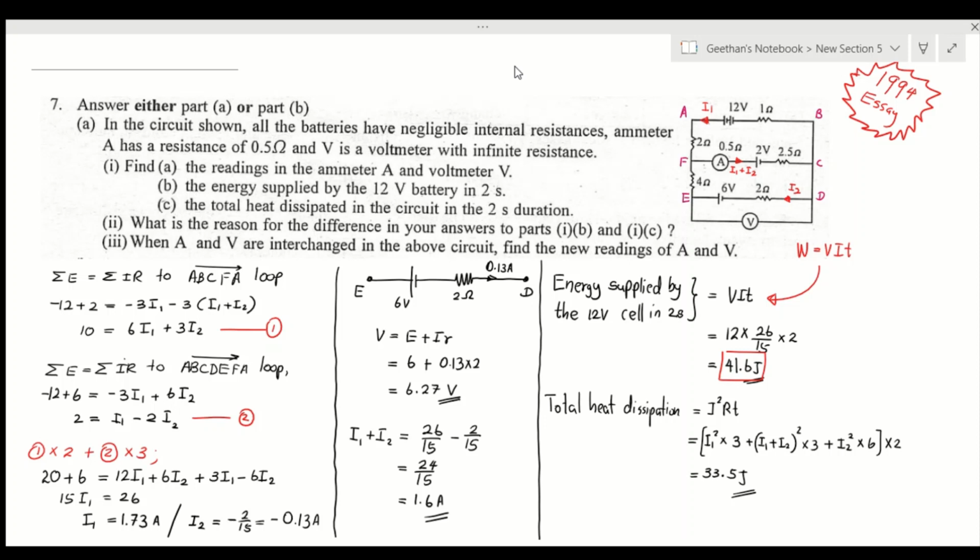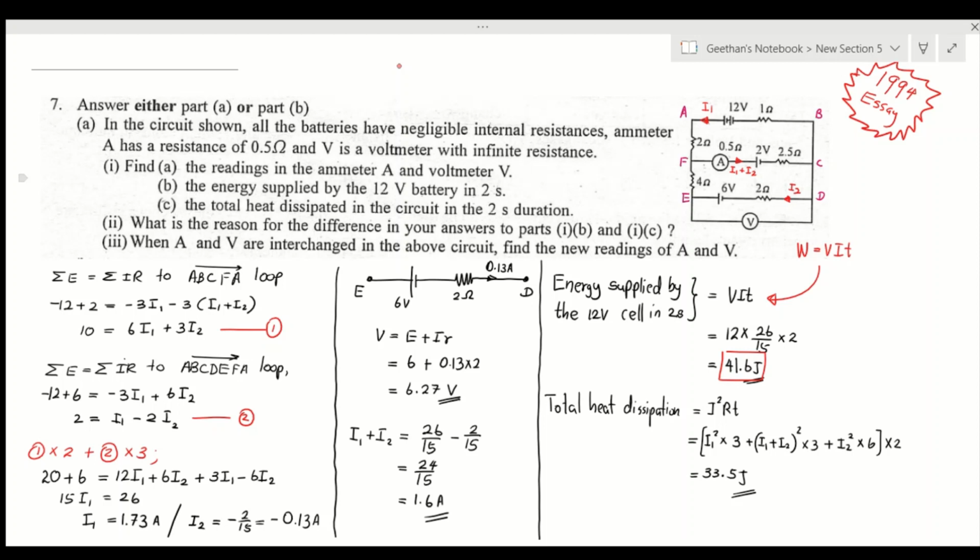So there is an energy loss that we don't see here, and let's see why there is an energy difference. The difference is because I1 plus I2 is 1.6, so a 1.6 ampere current is going into this 2-volt cell, so it's getting charged.